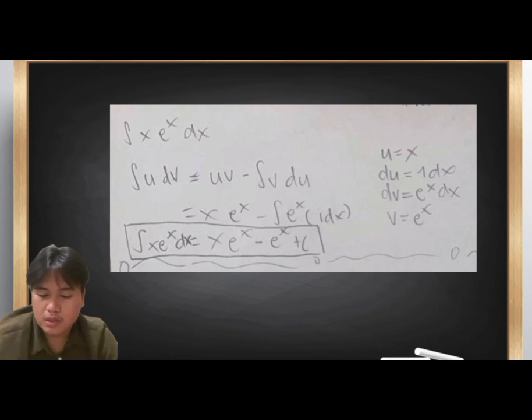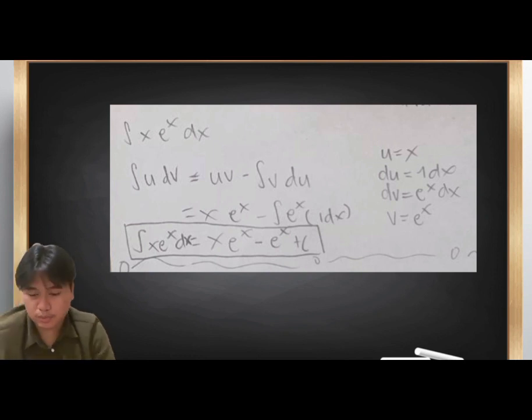Since A comes first, which is the algebraic expression of x, u equals x, and what's left, e^x dx, is the exponential function which we will place in dv. So u equals x, and du is the derivative of u, which will be 1 dx. dv is equal to e^x dx, and v is the integral of dv, which is e^x.